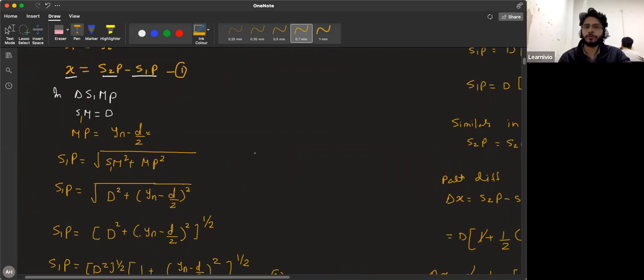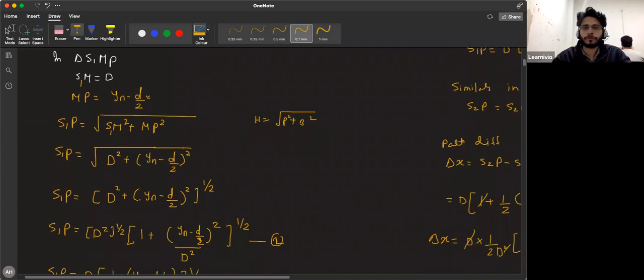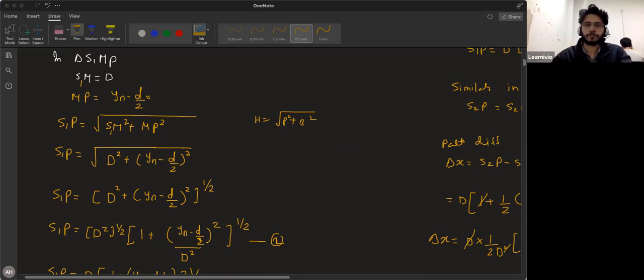I'm using the Pythagoras theorem that H is root over perpendicular square plus B square. Tell me if you have written, then I'll scroll it down.